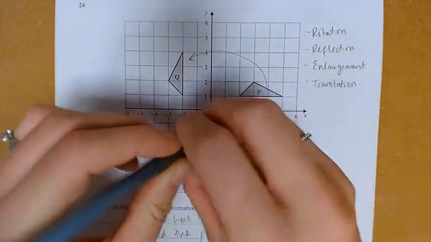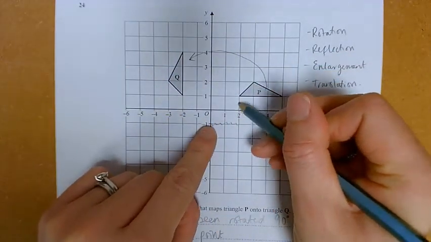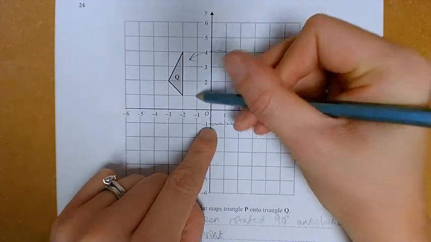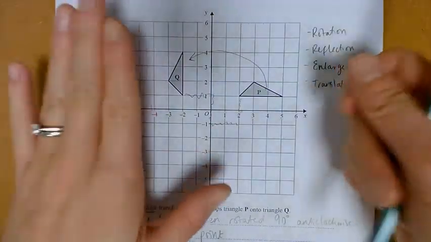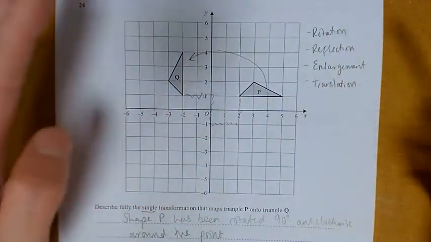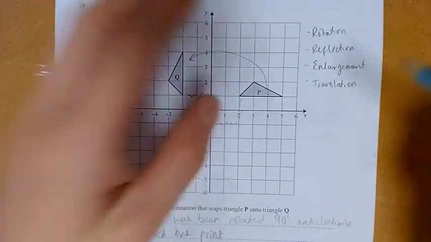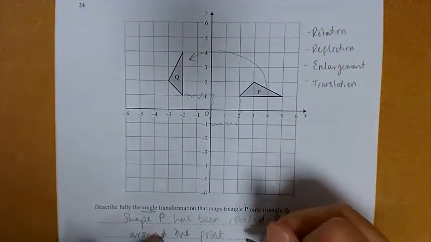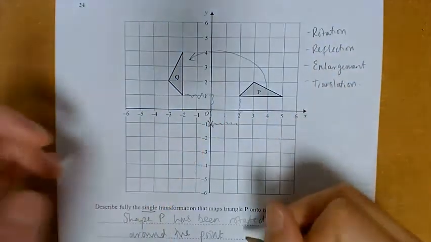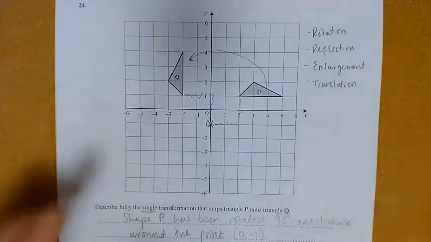Okay, and we can see if you go across 2 and up 2, and then you go up 2 across 2, that's how you're going to spin that line. You're going to get to that shape. But use a tracing paper in the exam. Ask for tracing paper, or you should have it on your desk. Put it over the top, put your pen in the middle, and then spin it. Okay, so it's around the point, this coordinate here, which is 0, minus 1.